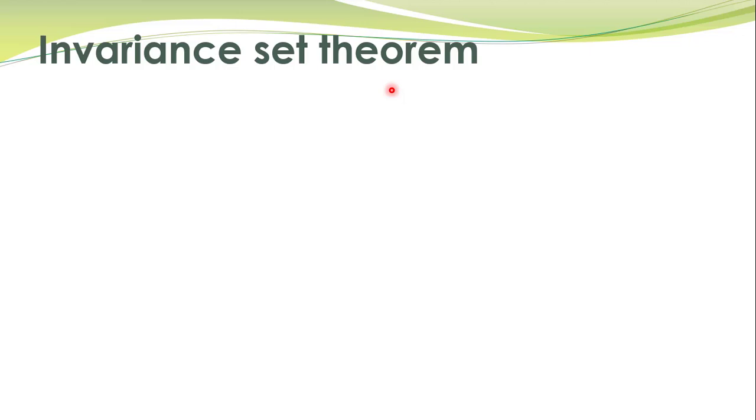That is for the case when the derivative of the candidate Lyapunov function comes out to be negative semi-definite, then you can augment that information with the invariance set theorems to conclude the asymptotic stability. So before we give the mathematical description of these theorems, let's elaborate the concept with a simple example.